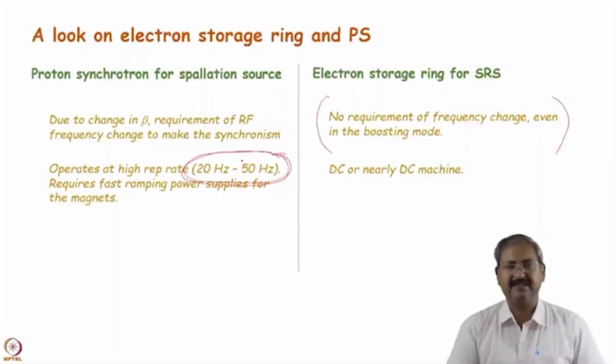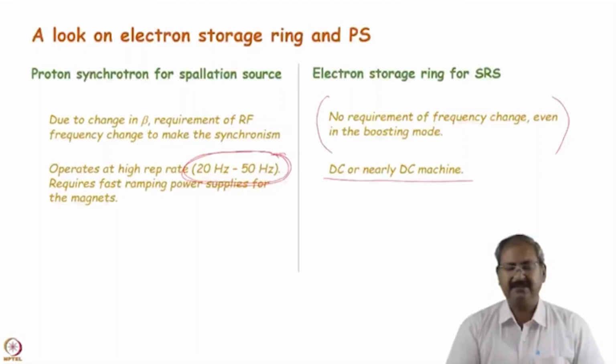While in the case of an electron machine, these are almost DC machines, meaning there is no requirement to change the magnets, and if there is a requirement to change, meaning if injection energy is low and after injecting the beam we raise its energy for synchrotron radiation, we keep that beam at this higher energy for several hours.